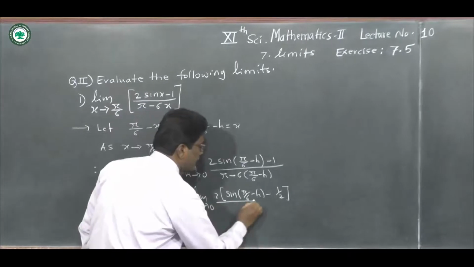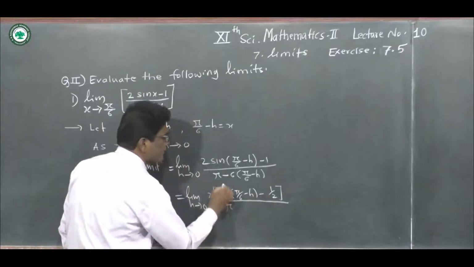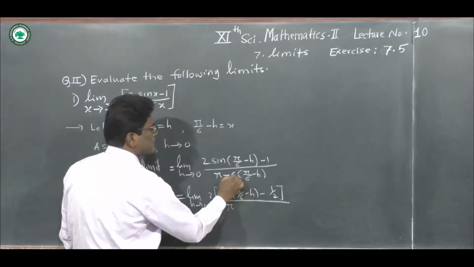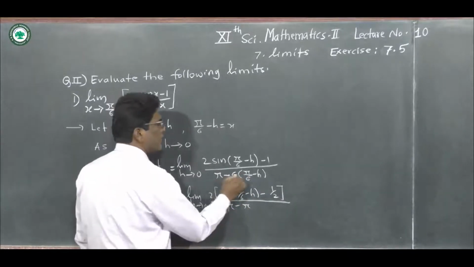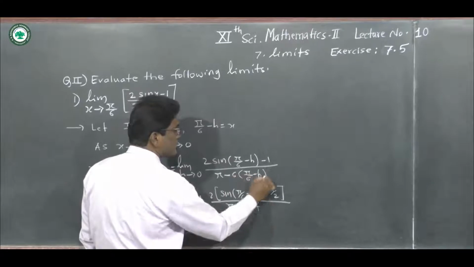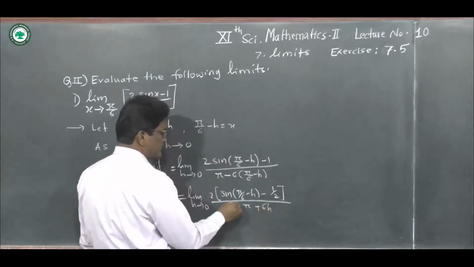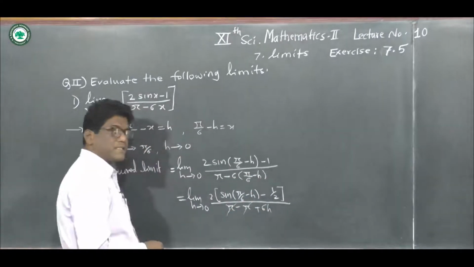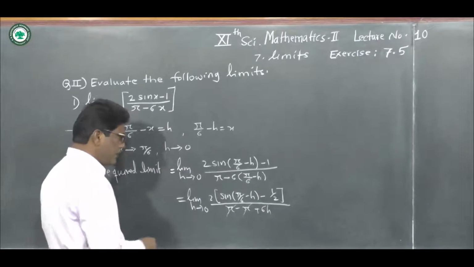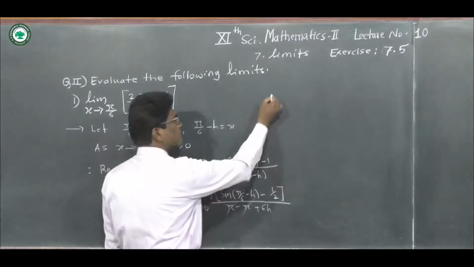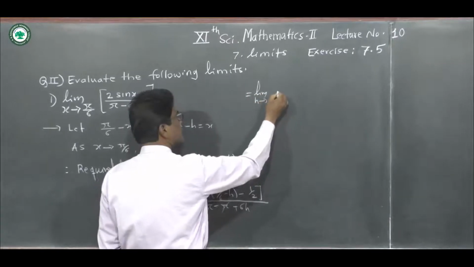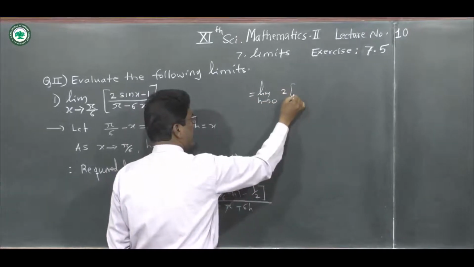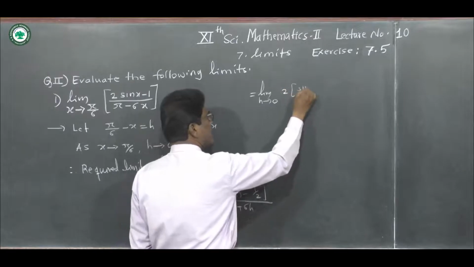And divided by pi as it is, minus 6 into pi by 6, the 6 gets cancelled, that is minus pi, and plus 6 into h, 6h. Now this plus pi and minus pi get cancelled to each other. Now this is equal to limit as h tends to 0 of, as it is in the bracket, sine of (pi by 6 minus h).